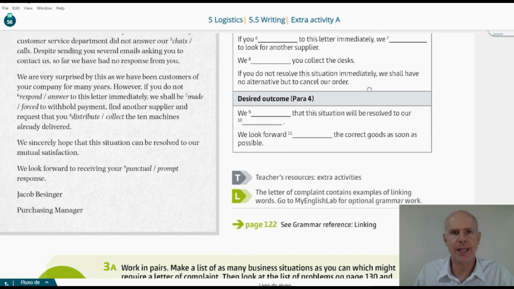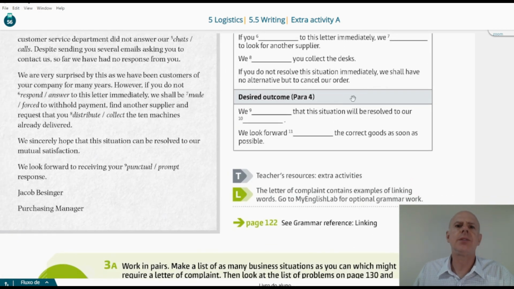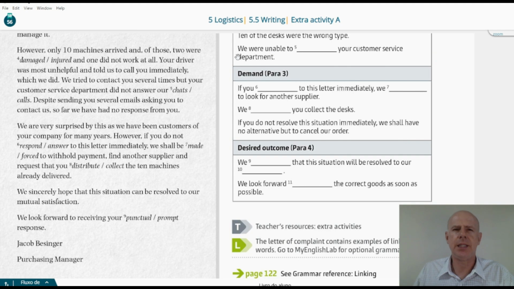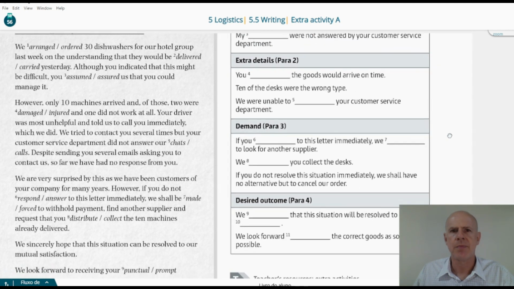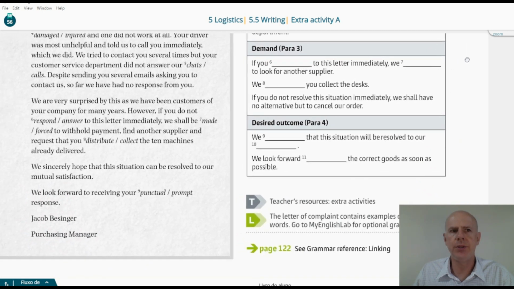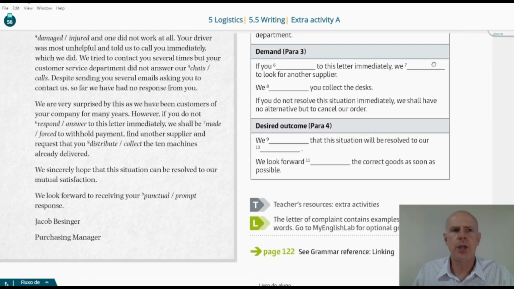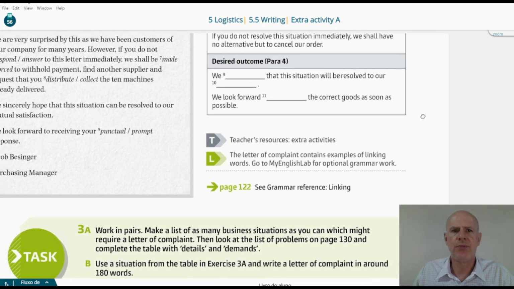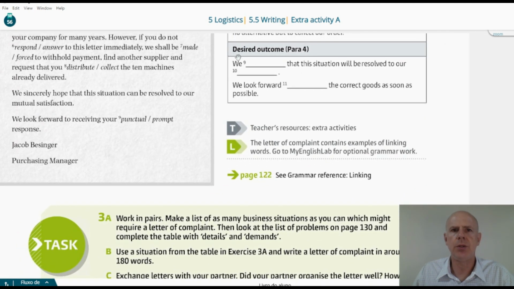We can understand, right? And then, after the demand, that was paragraph 3, in which you show the other company what you want, you go to paragraph 4, in which you show the desired outcome.